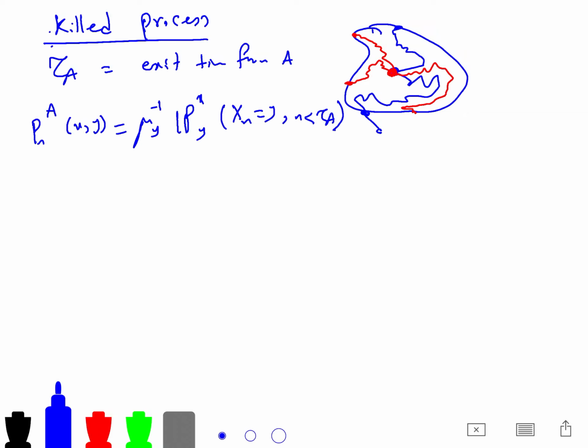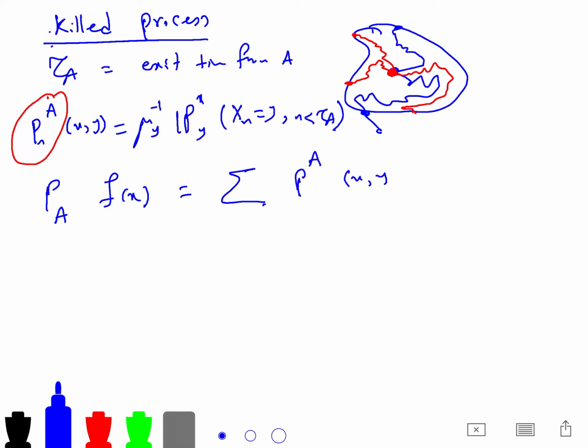What is the probability of that? P_A of f of x. So we are just trying to extend from P_n to P_n^A. So we are trying to generalize this concept of the hit kernel. With an easy computation, an easy observation, you will see that all of them are just the same things.